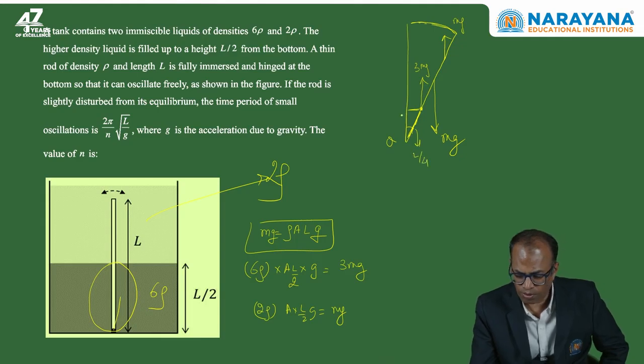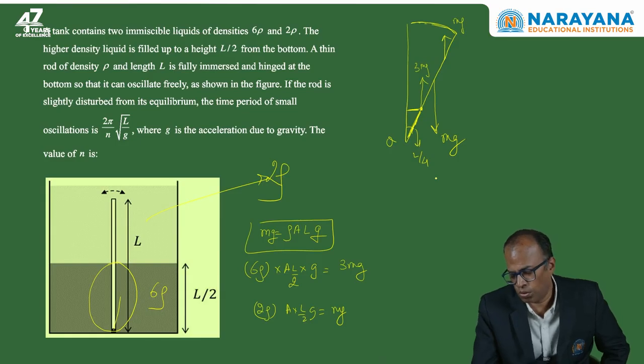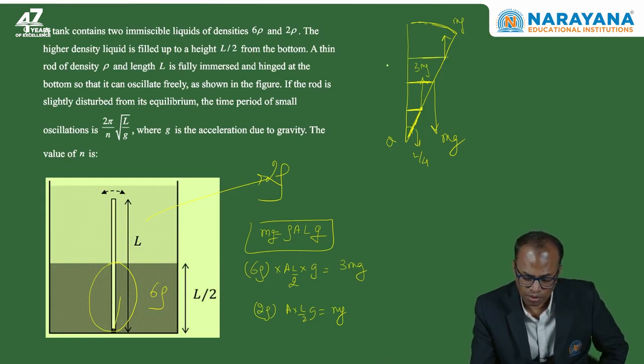Why am I saying 3L by 4? So this is 3L by 4. So 3L by 4 into theta, that will be this perpendicular distance. This is L by 2 into theta. This is 3L by 4 into theta. Right. So the torque would be, I have turned it clockwise.